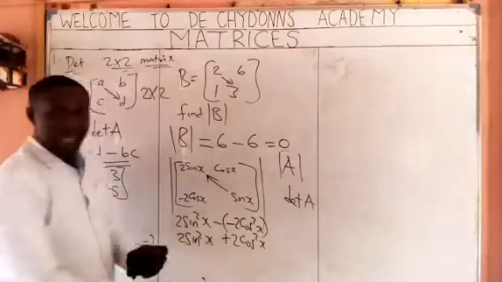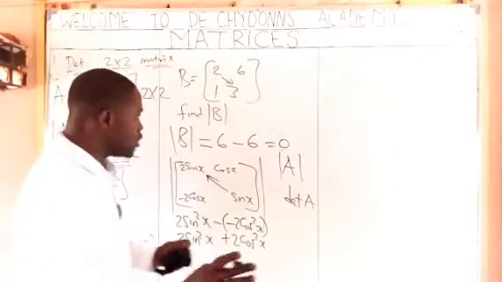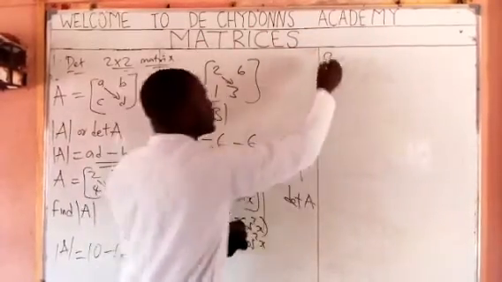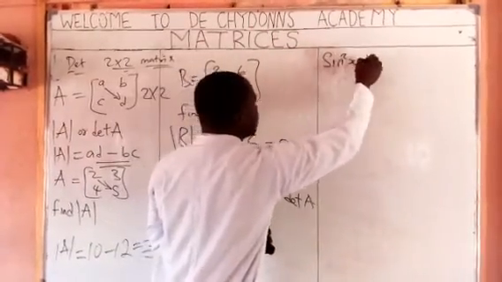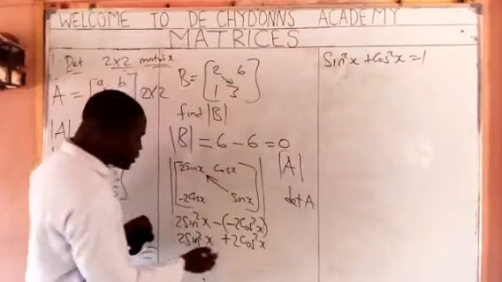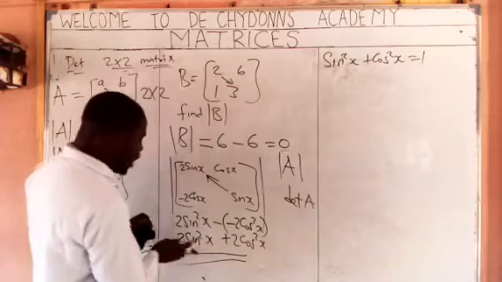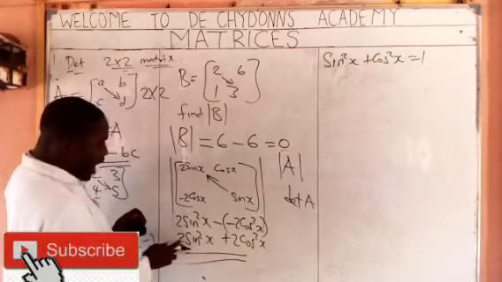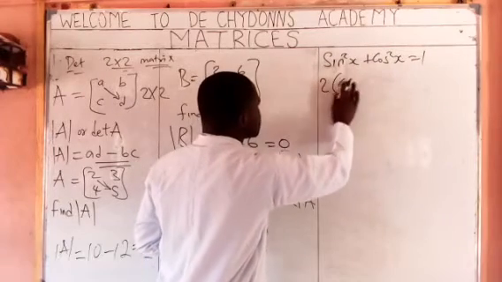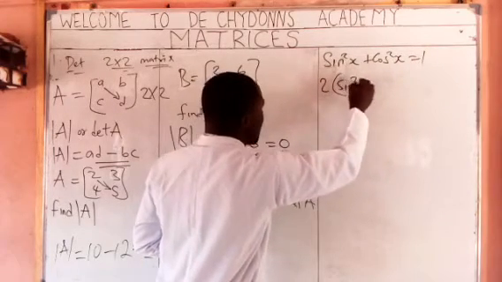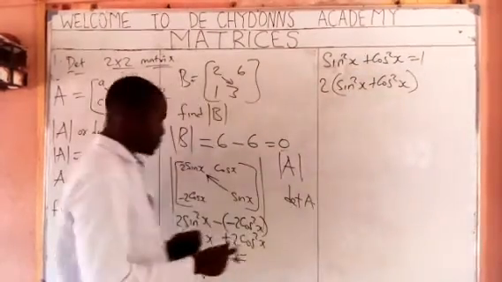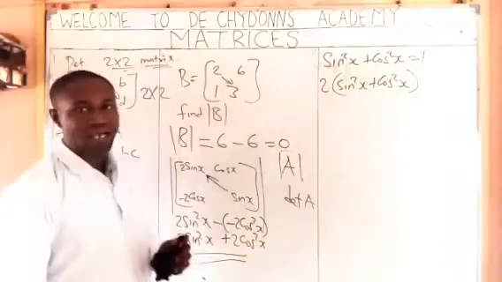Now, this is the answer you got. But you know there is a formula from trigonometry that says sin squared x plus cos squared x is equal to 1. So since you have this as your answer, if you factorize it, you have 2 bracket sin squared x plus cos squared x. That is what you will get after factorization.